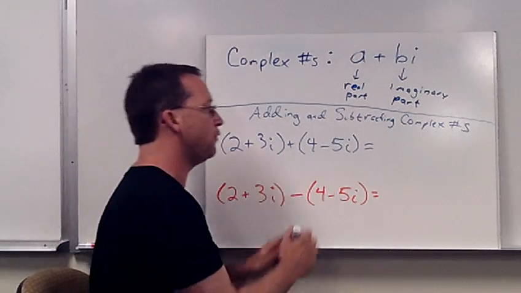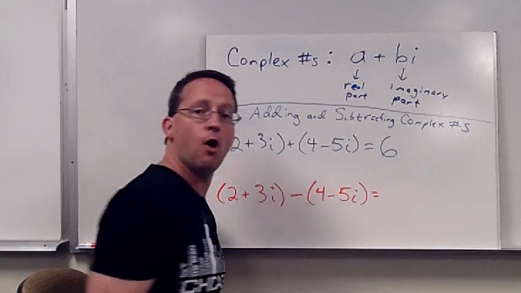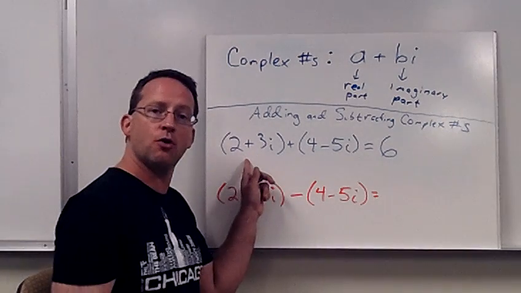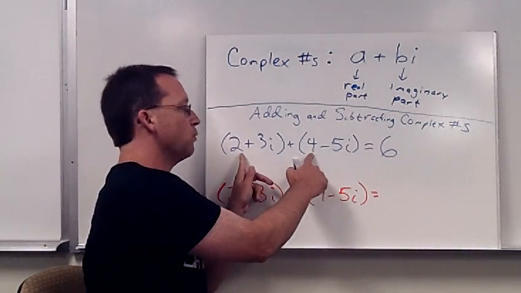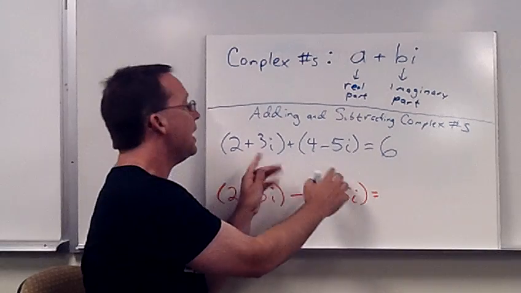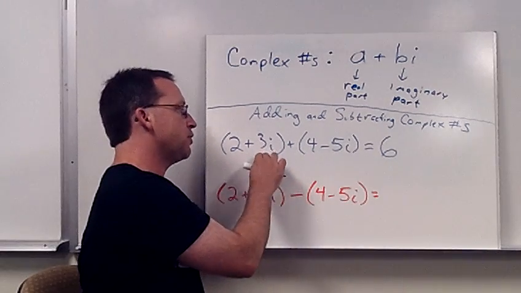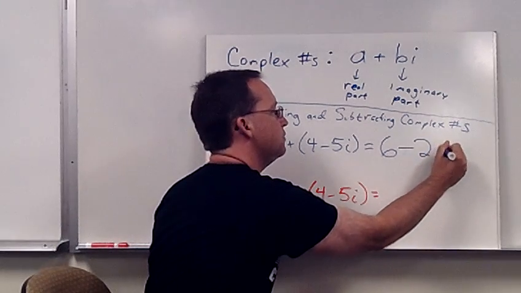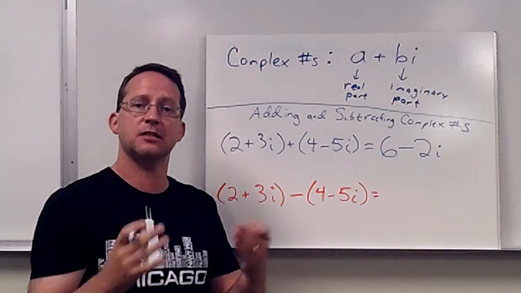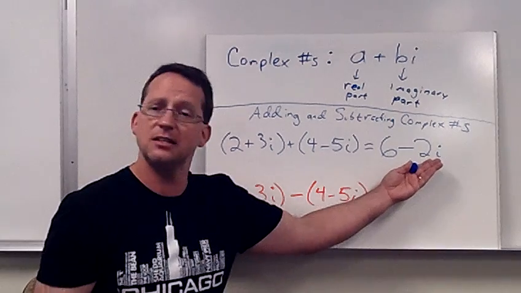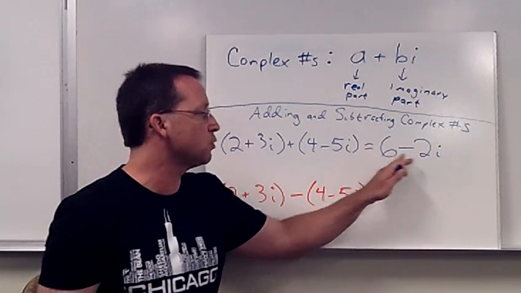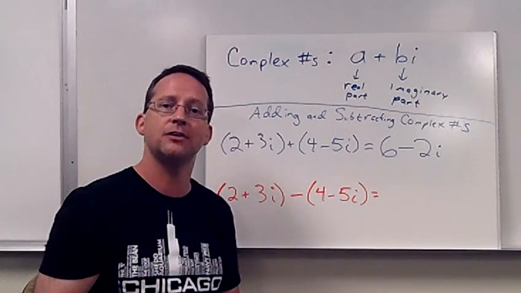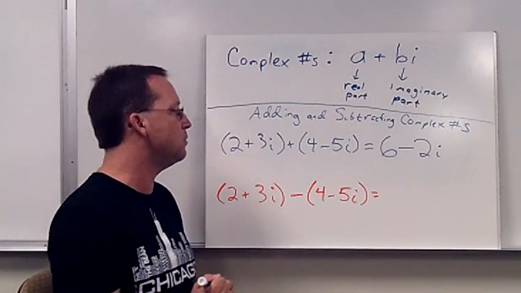Here 2 plus 4 would be 6, the real parts. We're combining the real part of this complex number and the real part of this complex number. The same thing with the imaginary parts. We have 3i plus negative 5i, so that'd be negative 2i. My answer would simply be 6 minus 2i. You can't simplify anything more because the real part and the imaginary part aren't like terms.